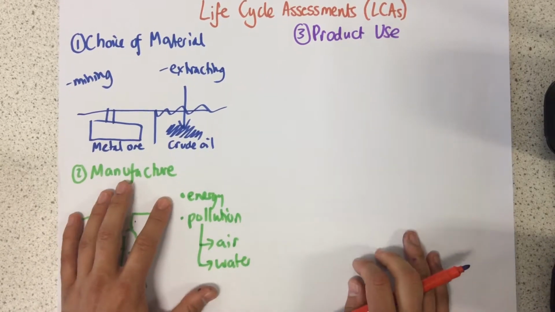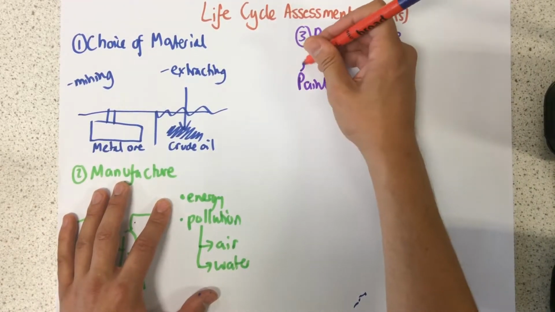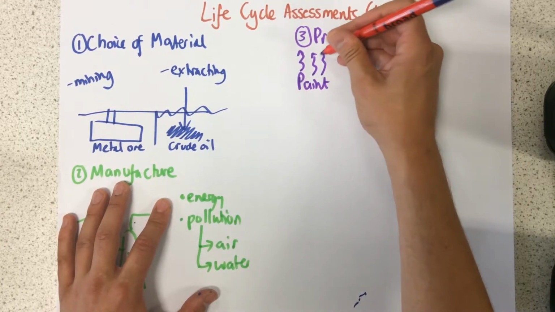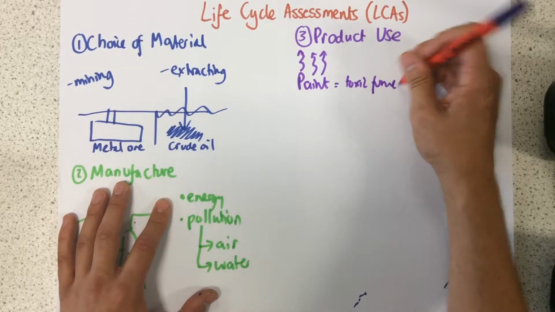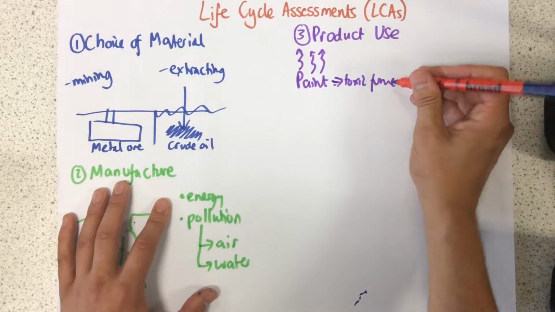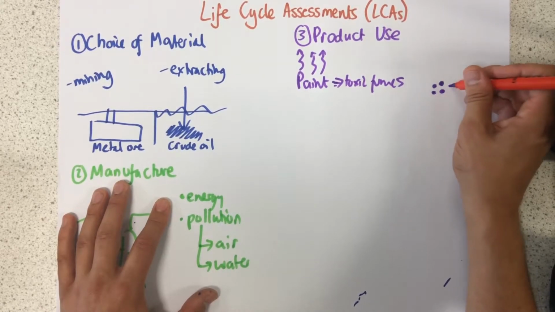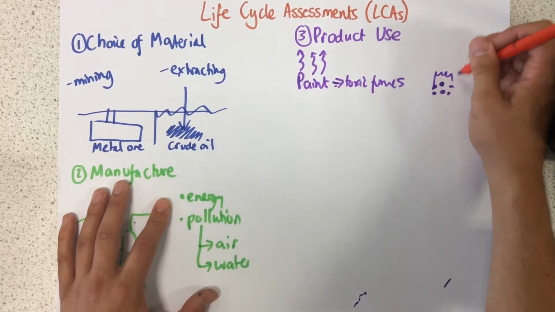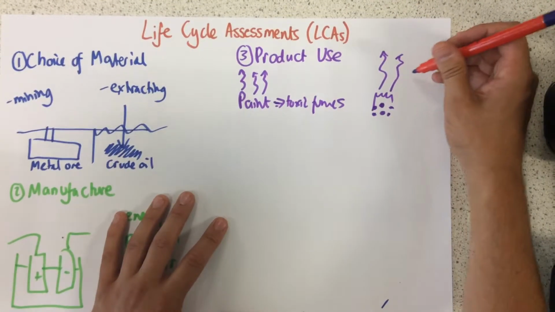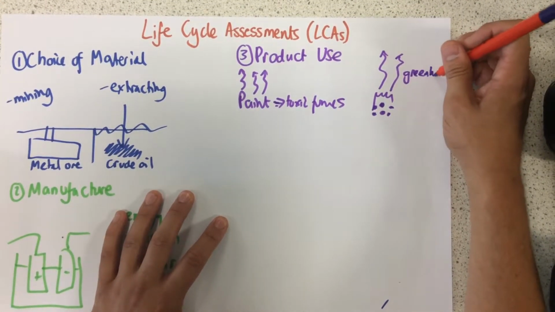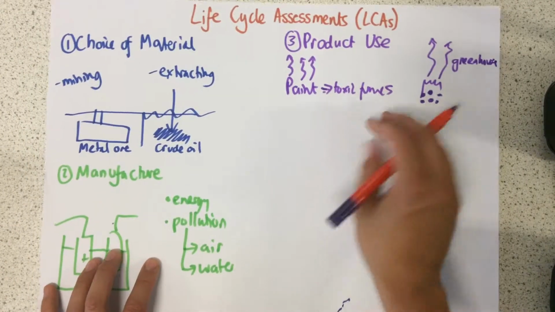However, other products can. For example, paint, during its lifetime and its uses, can release toxic fumes. If we've made fuels, during their lifetime, they could produce greenhouse gases. So again, it depends upon what the product is and what it's going to produce.